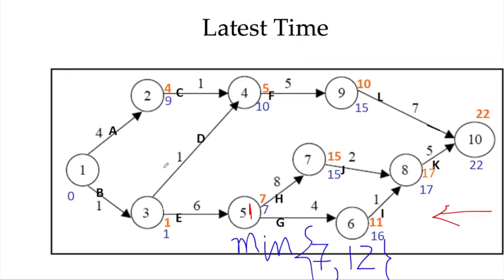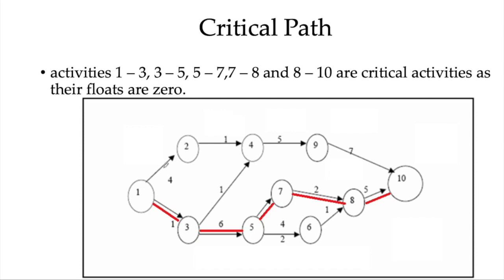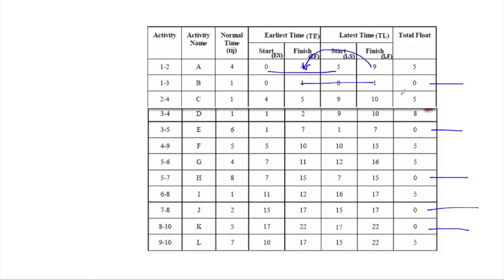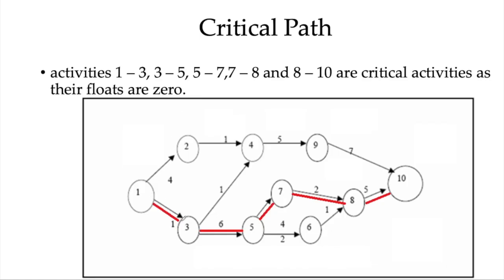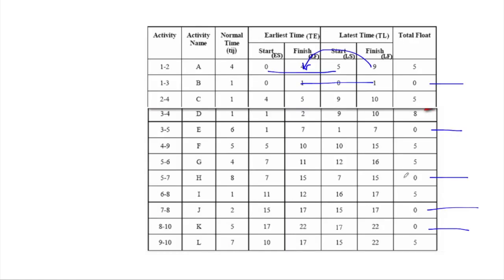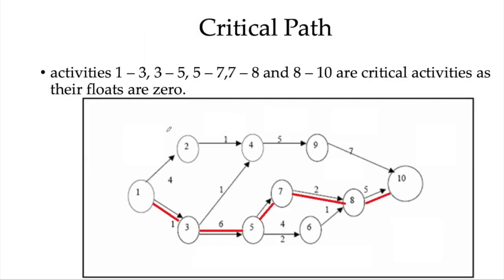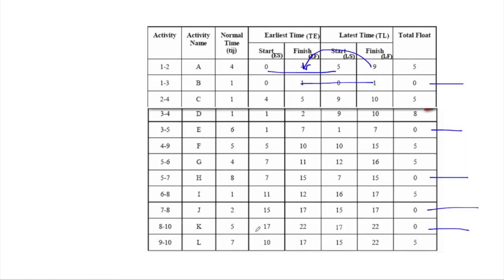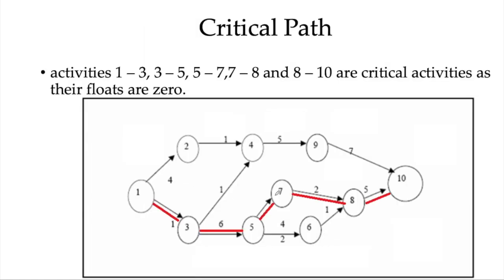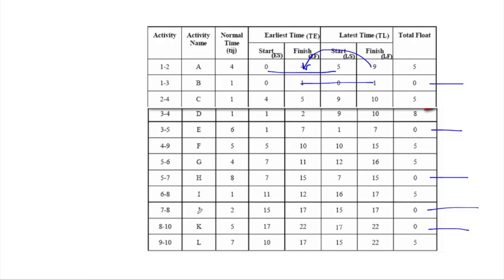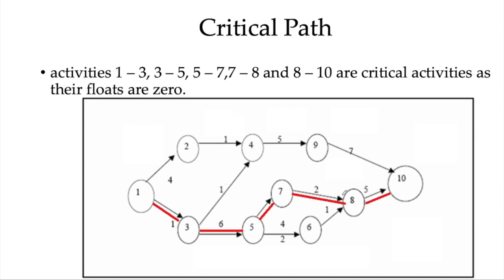So in this diagram, you can see activity 1-3, then the next activity is 3-5, then 5-7, then 7-8, and the next activity is 8-10. So these are the critical activities, as their floats are 0.